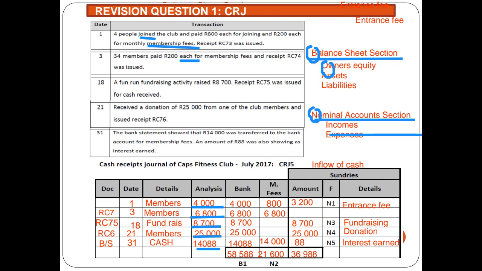This was our cash receipts. Remember, like we said in class, the only challenging part is that it has got analysis. The other books don't have analysis, so I think you can easily do this kind of information. Do you think, guys, you understand it? Do you think that you can do something out of it?